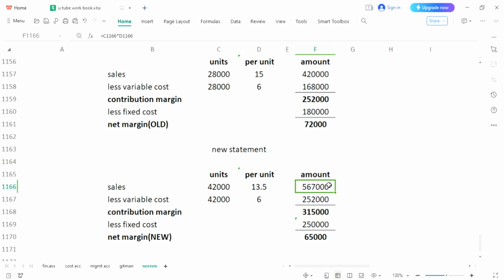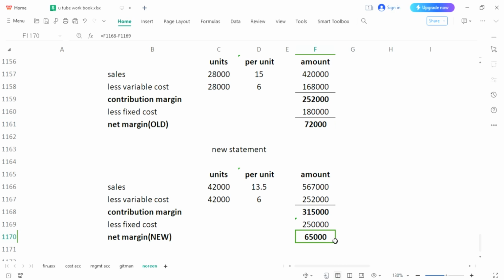It was a positive gesture, a welcoming gesture because your amount of sale has been increased. But what had happened? Your net margin, when your sale was at original level, was 72,000. And even after a good gesture, even after the increase in your sale, your net margin had become 65,000.